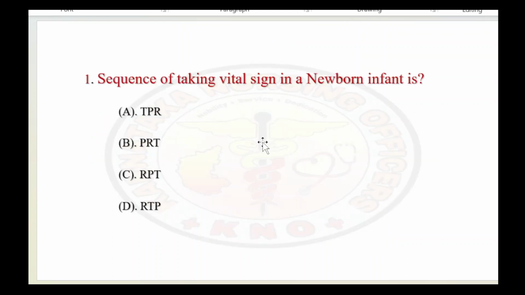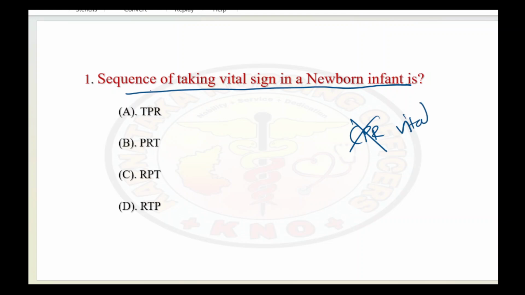So the first question here is the sequence of taking vital signs in a newborn infant. They're asking in what sequence we are going to check the vital signs in the newborn infant. And most important, they are not asking you regarding CPR. They are only specifying regarding the vitals.